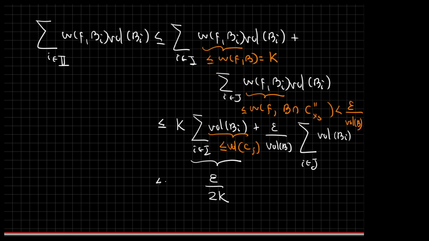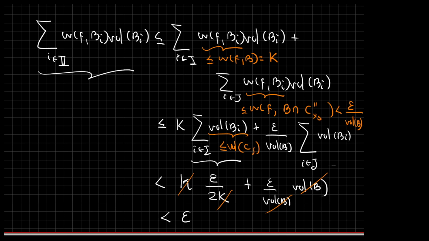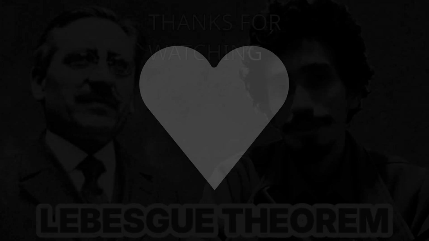So this is strictly less than k times this, plus, and on the other side the sum of all of these volumes will be less than the total volume. So this cancels here, this also cancels here, and then this is less than epsilon. And since we found a partition such that this is less than epsilon, this implies that f is Riemann integrable in the block V.